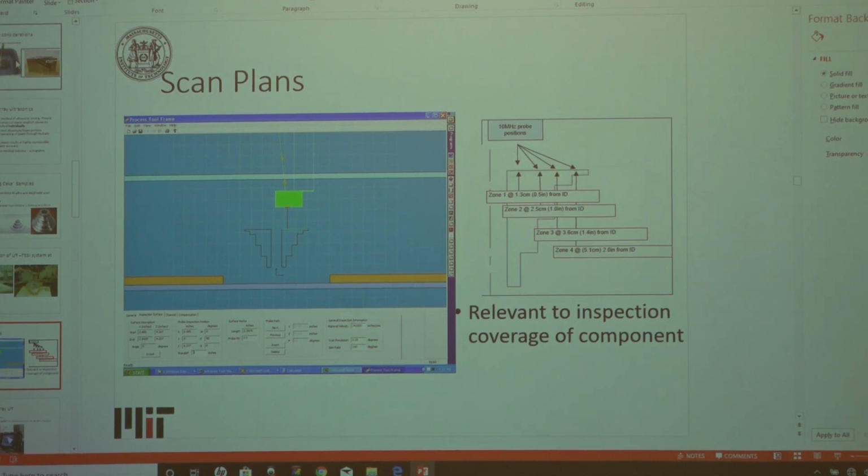Even though the geometries of those samples are the same and the flaw types are the same on the different levels, if the scan plan is not correct, you have no confidence in the inspection if you try to automate everything. So the scan plan is very critical when you're talking about automation.